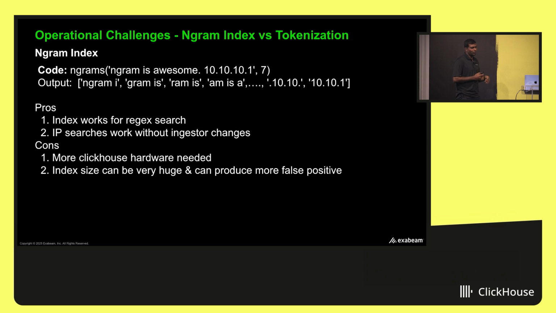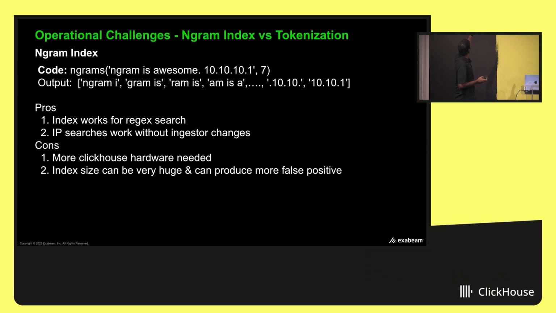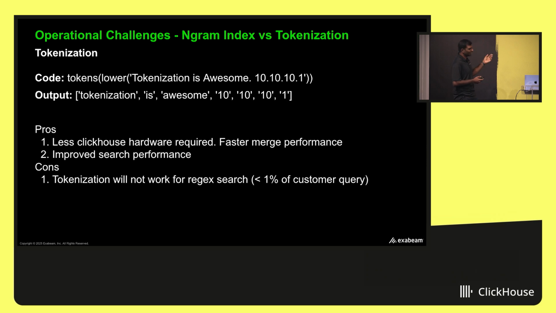To avoid the hardware cost on ClickHouse, we went with the tokenization approach, which tokenizes the data and generates far fewer tokens compared to the n-gram index. With huge text, multiple tokens will be generated, but tokenization is the much preferred approach, which occupies less hardware and also improves ClickHouse performance in terms of reduced index sizes.